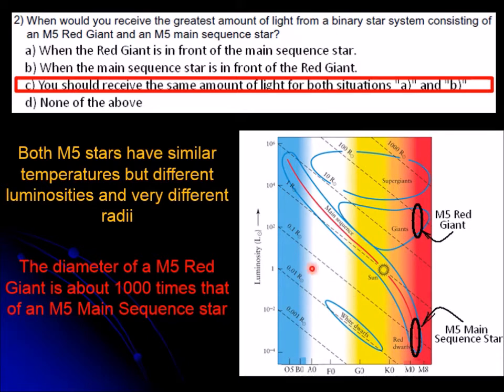This is about less than 1/10 of the radius of the sun, and this is about almost 100 times the radius of the sun. So having this one in front of that one will obscure almost nothing of the red giant, because the diameter of the red giant is about 1,000 times that of the main sequence star.